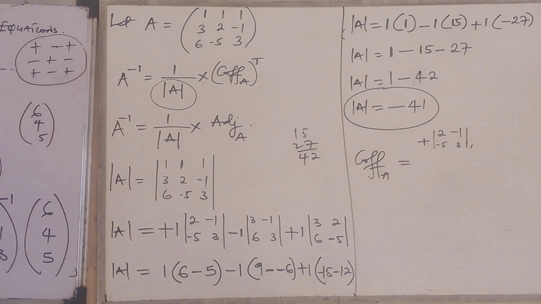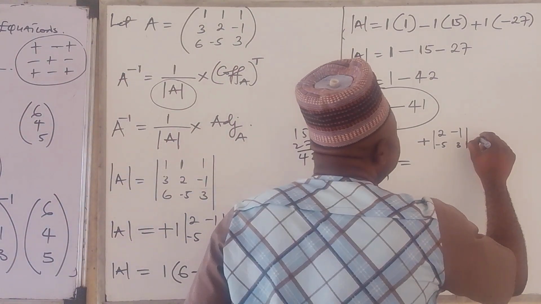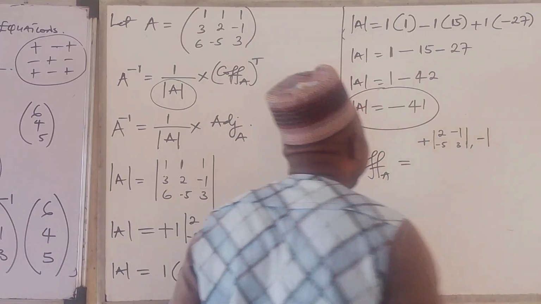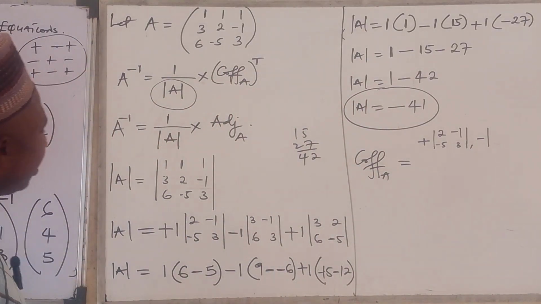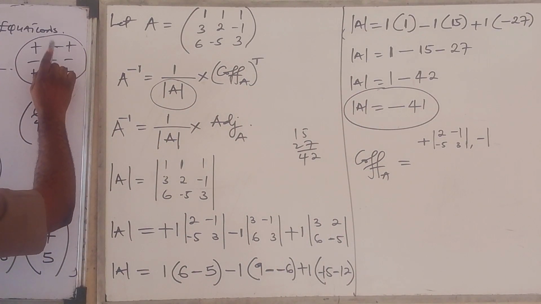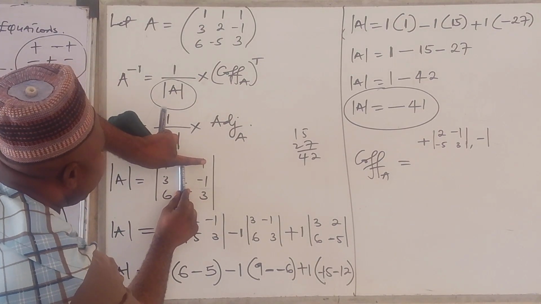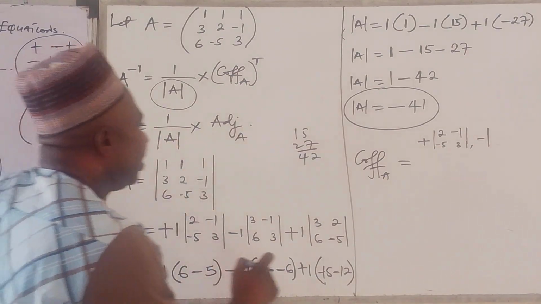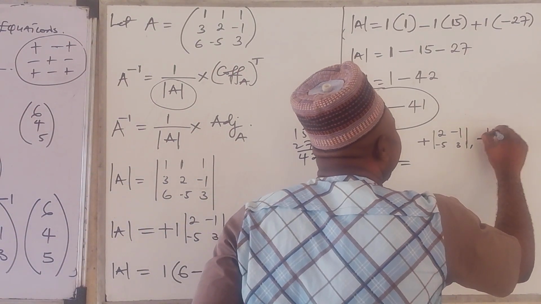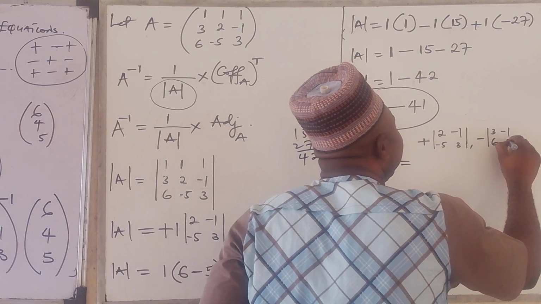You pick the minus; you're not bringing out any number. It tallies with 1. You close the 1 here, you close it here. We have 3, minus 1, 6, 3.